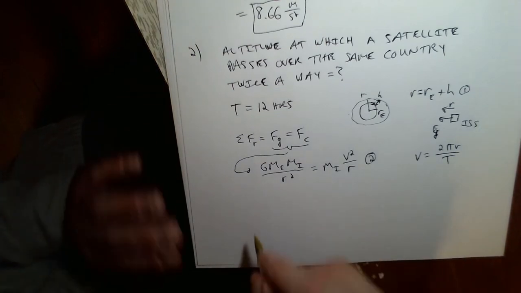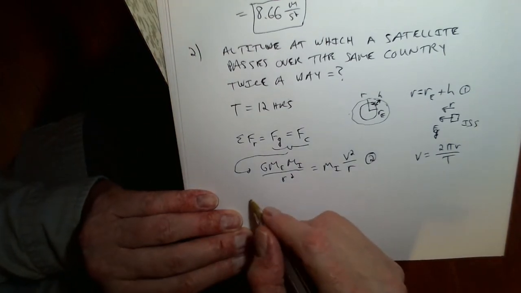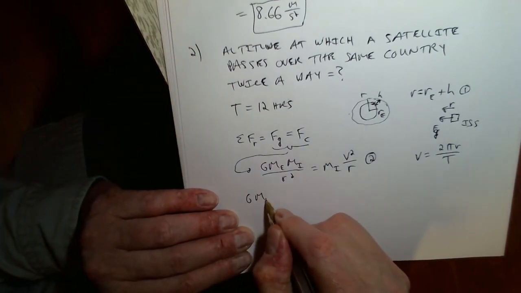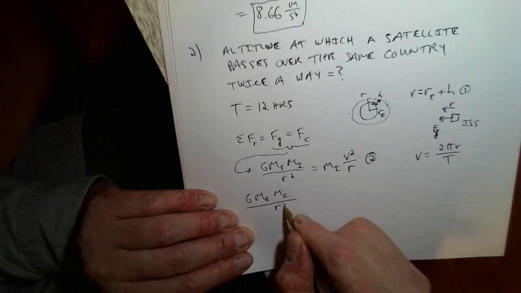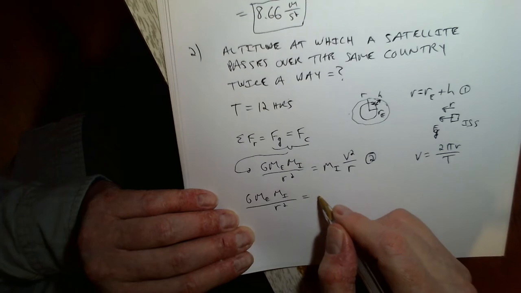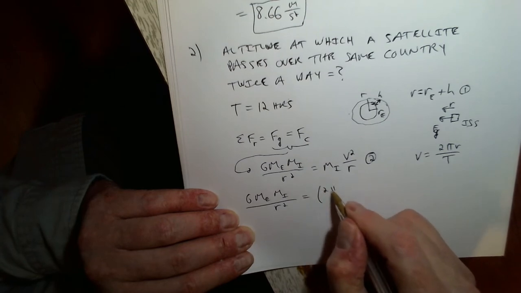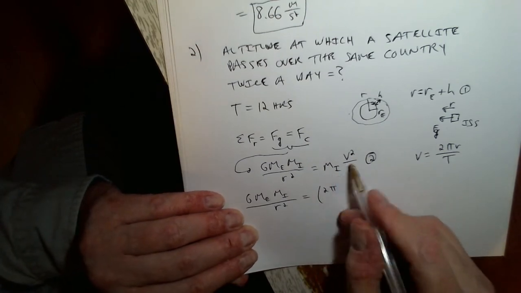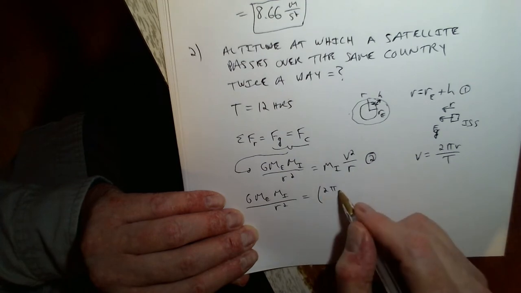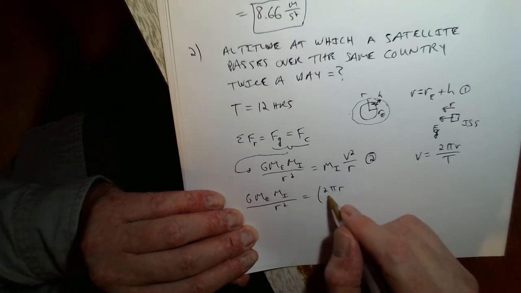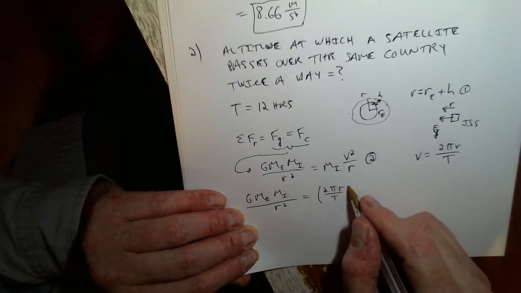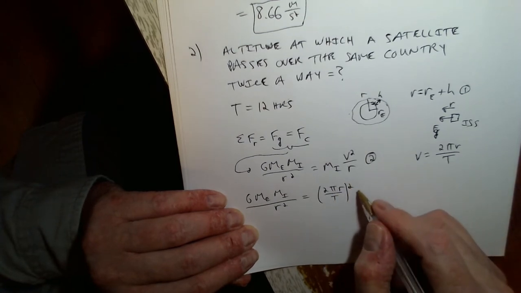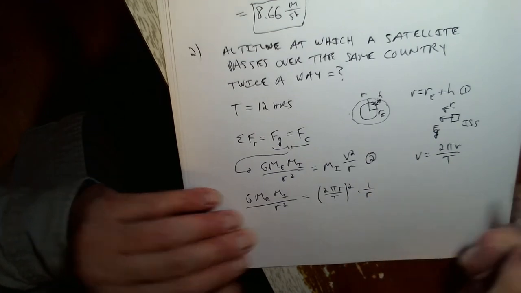And so then I get that G mass Earth mass ISS over r squared is equal to 2 pi r over the period, which is v, squared, times 1 over r.